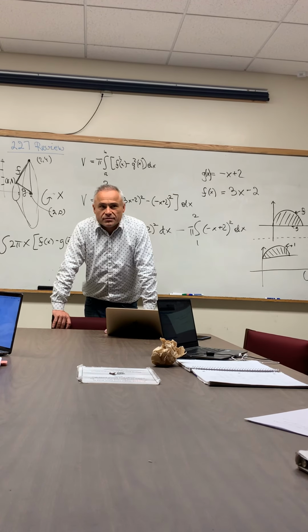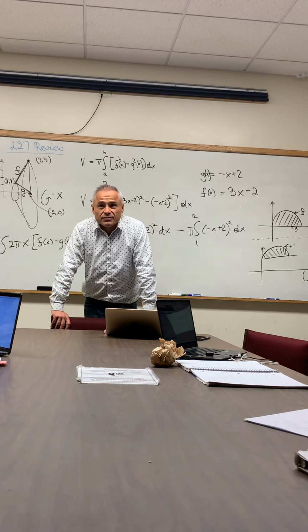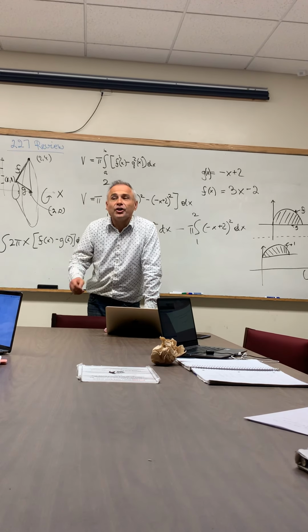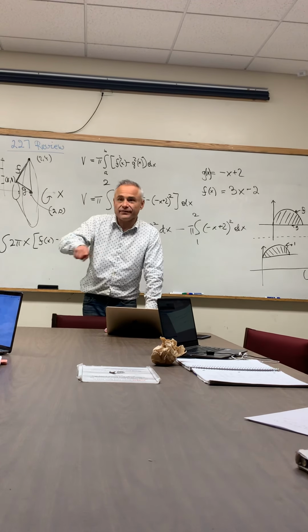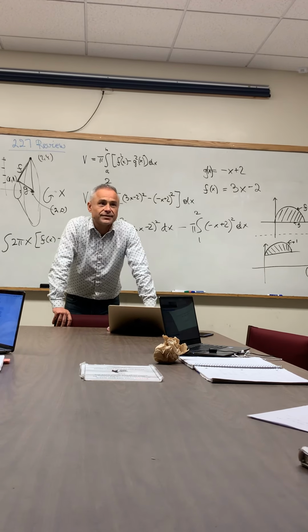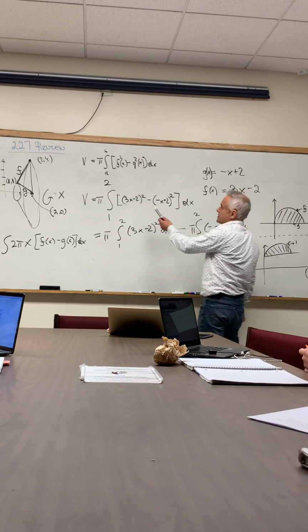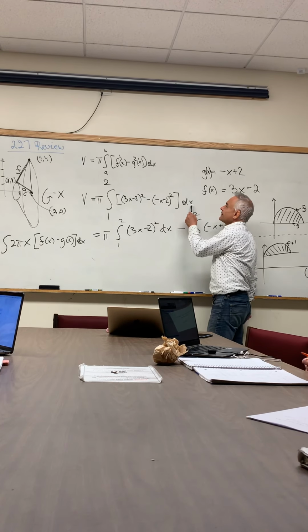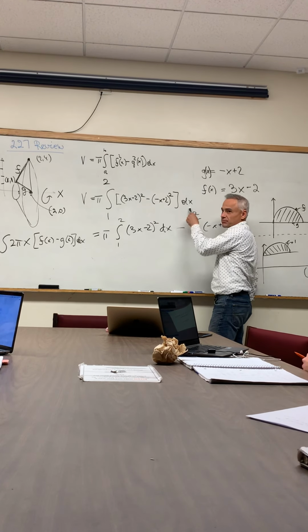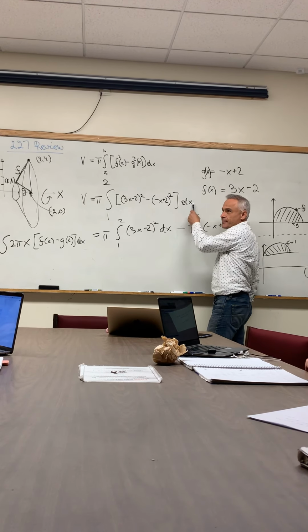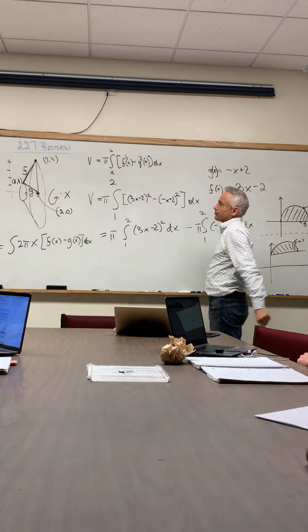Sometimes, if the problem doesn't have all things ready for your formula, you may have to solve for the other variable before you plug it in. The best way to check if you're setting things correctly, look at that letter here. If that's dx, that means you're rotating about the horizontal axis in this formula.